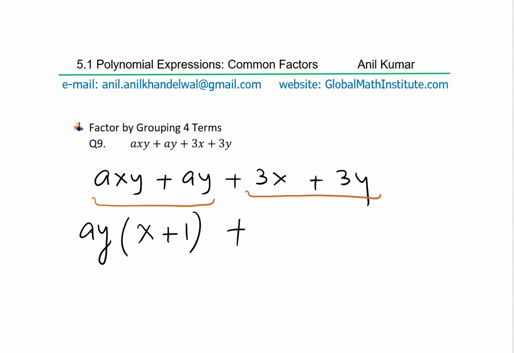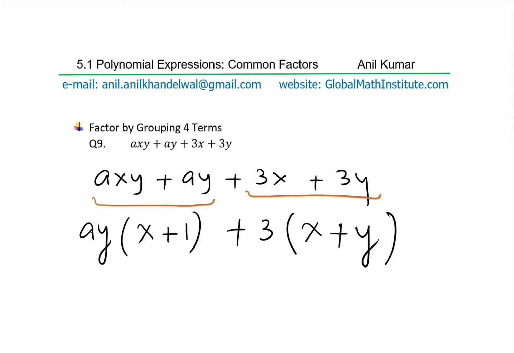And in the second group, 3 is a common factor, right? So if I take 3 as a common factor, I get x plus y. Perfect. So that is not giving us any particular result. In this particular case, we took the common factors, but we find that there is nothing common which could help us factorize. Does it make sense to you, right?